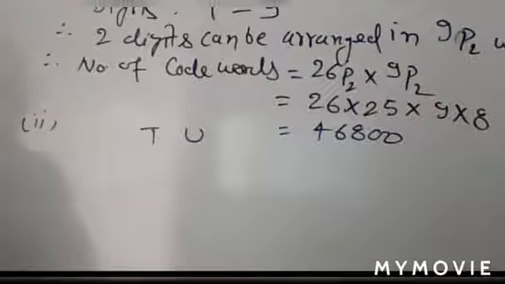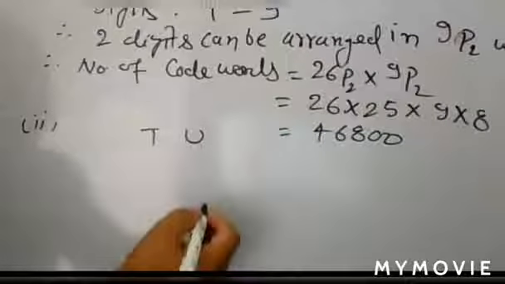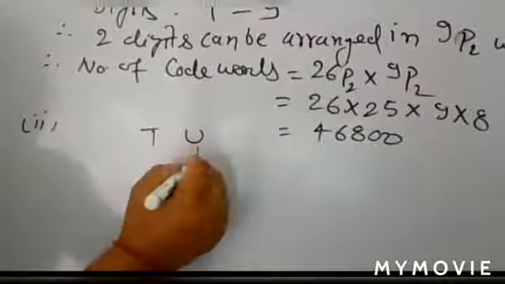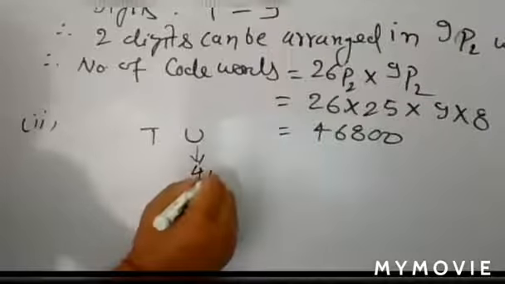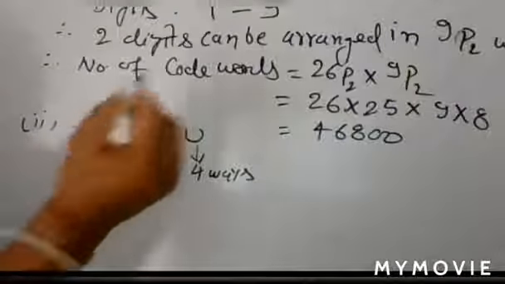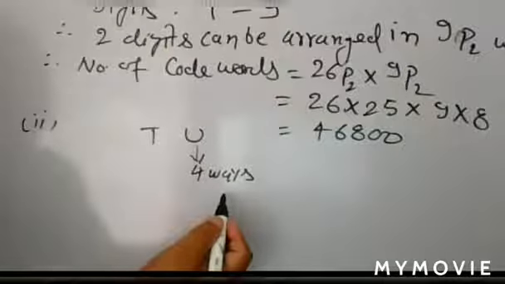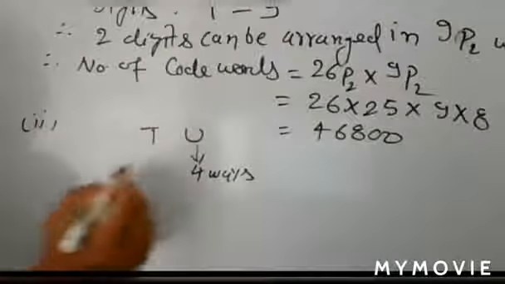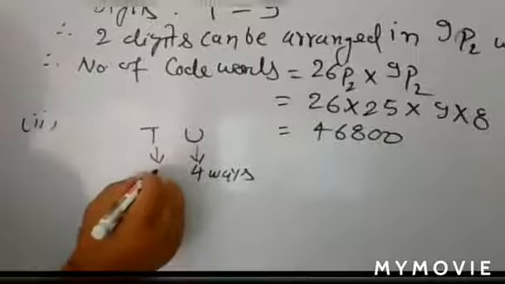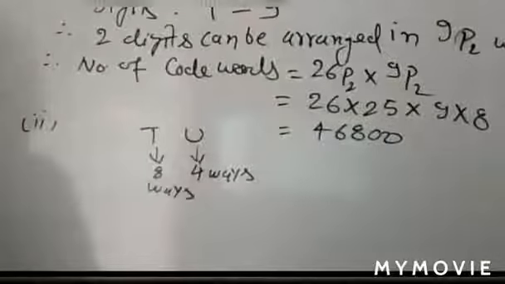Anyone? 4. Yes, 4. So 4 even numbers are there. So the unit place can be filled in 4 ways. Out of these 9 digits, you use 1 digit here and 8 digits remain. So the tens place can be filled in 8 ways.